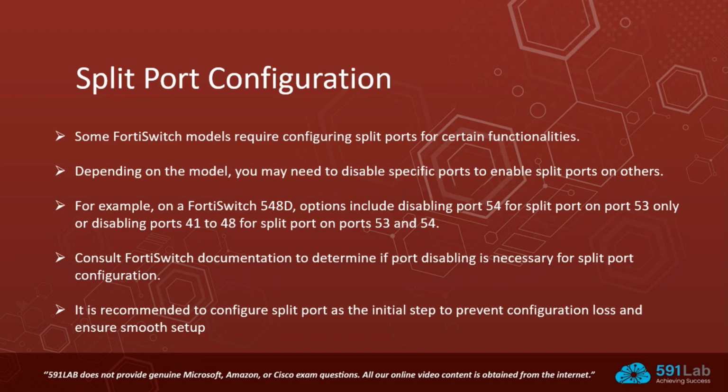Disable port 54 so you can enable split port on port 53 only. Option number 2. Disable port 41 to port 48 so you can enable split port on both port 53 and port 54.